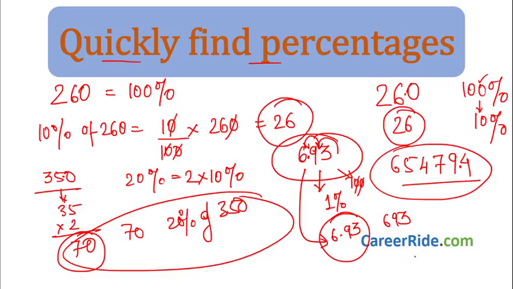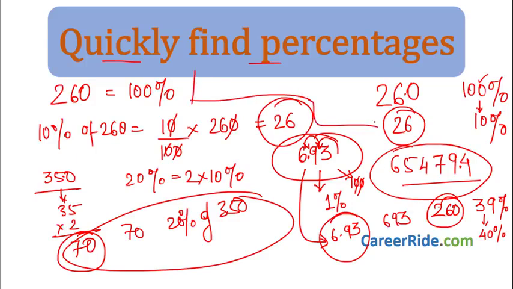Let's move on to a little bit difficult number, or difficult value. Say we have, as usual over here, 260 and we want 39% of this. Now what to do? Very easy, no need to panic. 39%, 39 is nearer to 40, right? So first find 40%. Why? Let's see why. Okay, so let's calculate here somewhere at the top, so we'll have space.